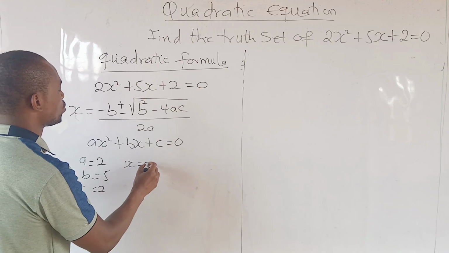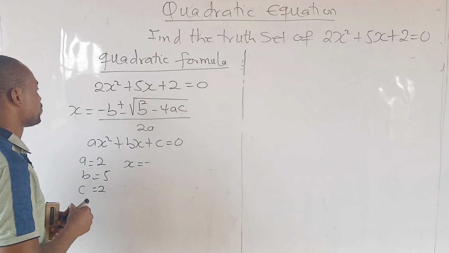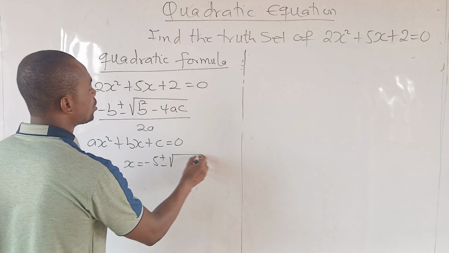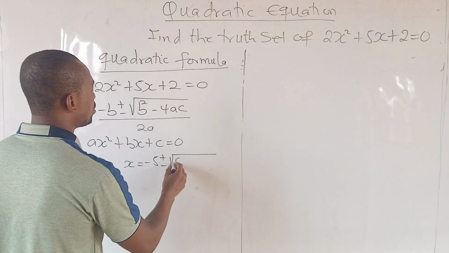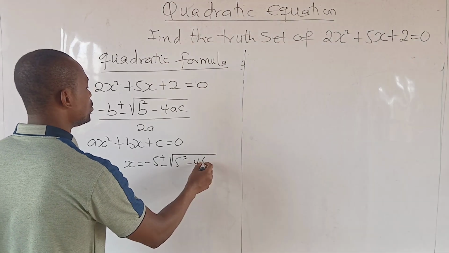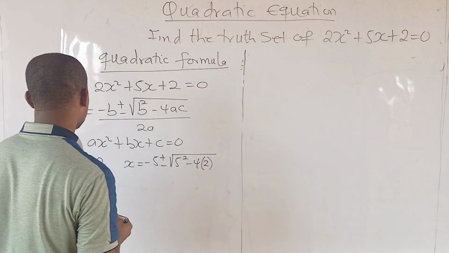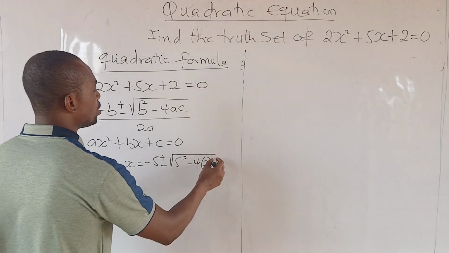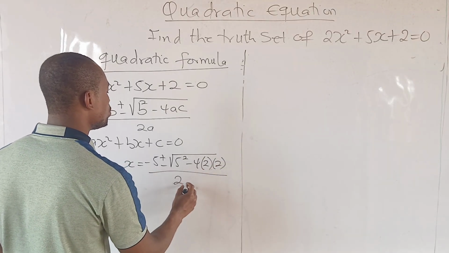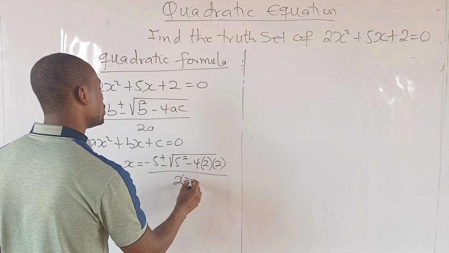X will be equal to negative 5 plus or minus square root of 5 squared minus 4 times a, which is 2, times c, which is also 2, all on 2 times 2.